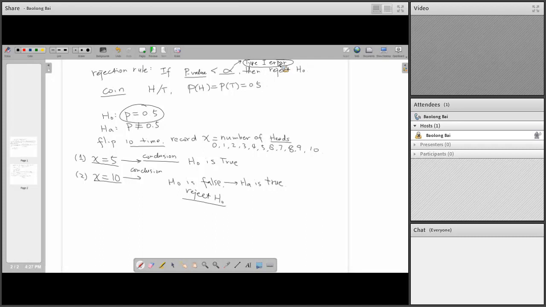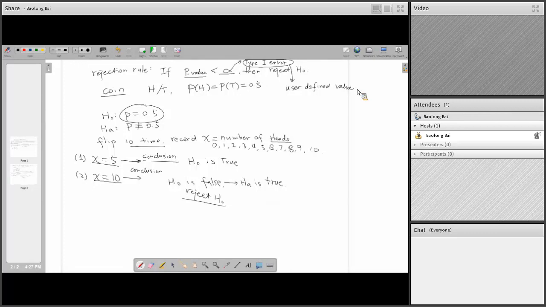So alpha is also a user-defined value. You, as a researcher, need to define what alpha you're going to use for any hypothesis test.